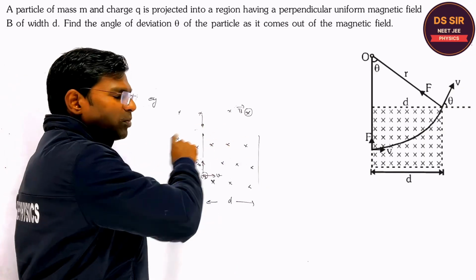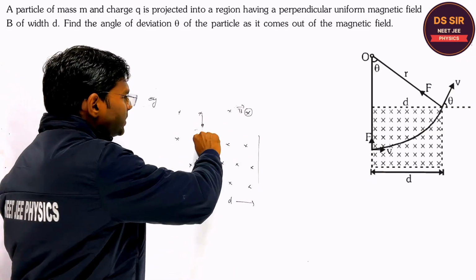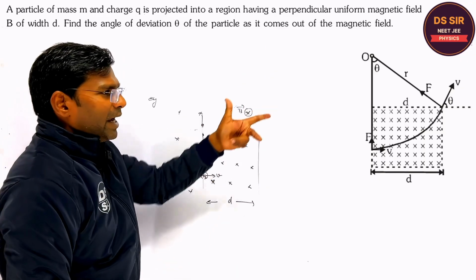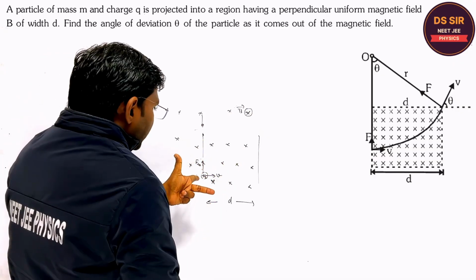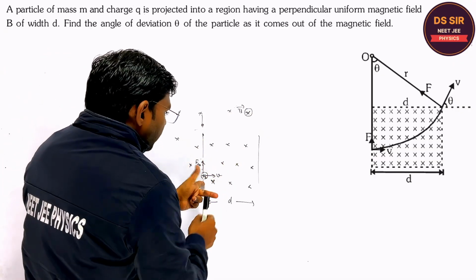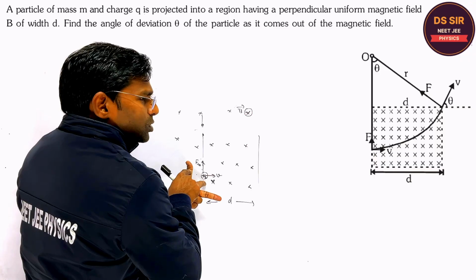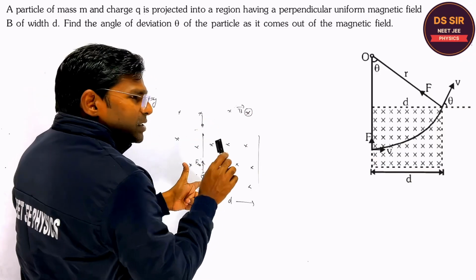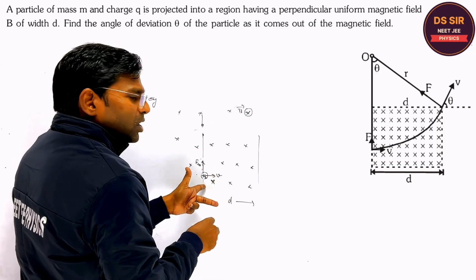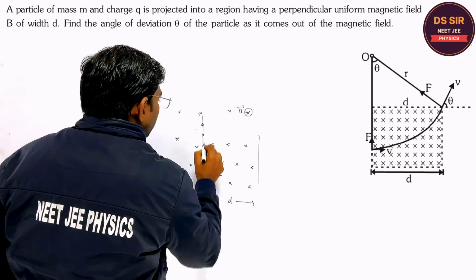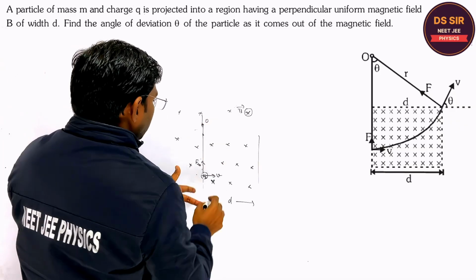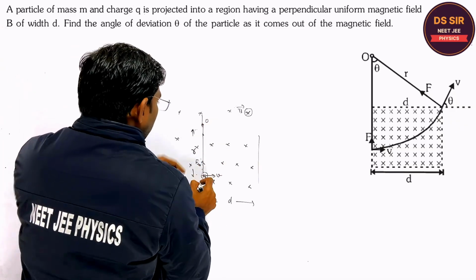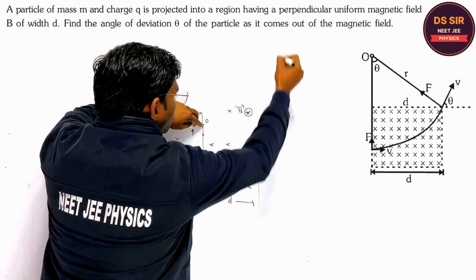The direction of force is always towards the center of the circle. So it would be the center of the circle about which it will perform circular motion.